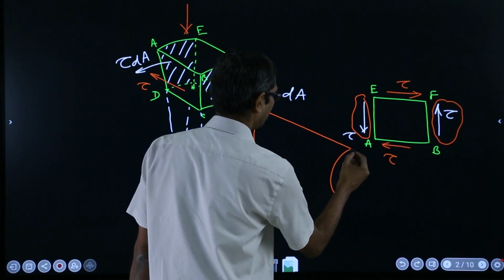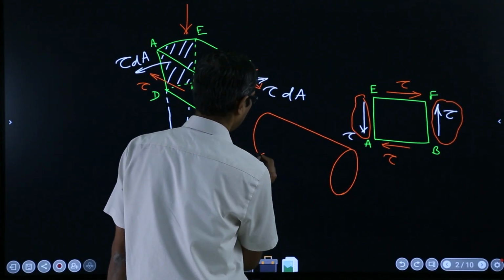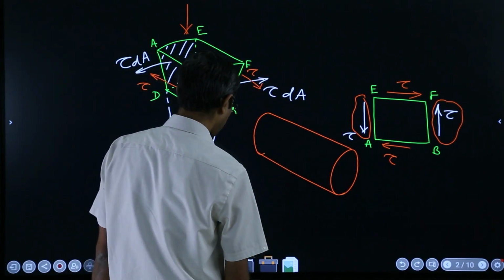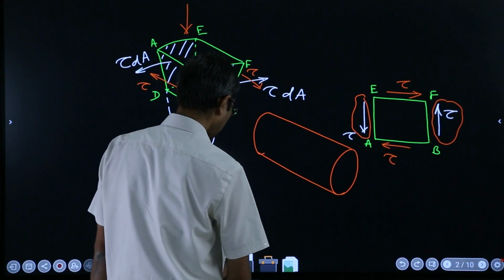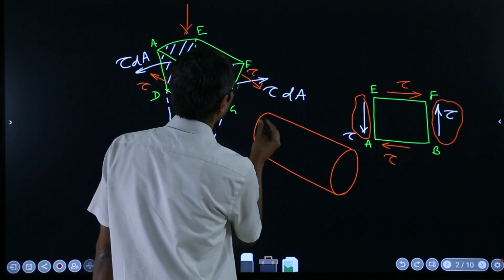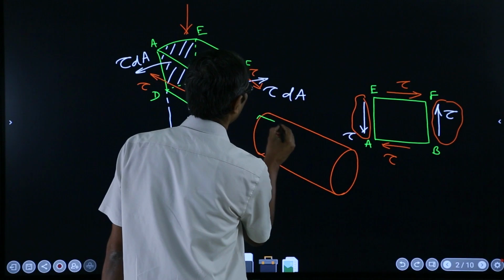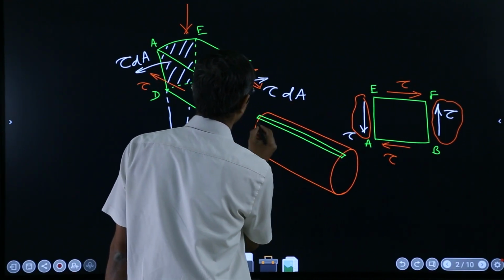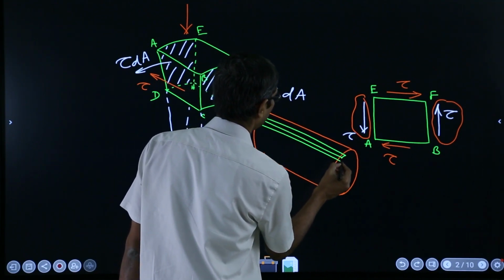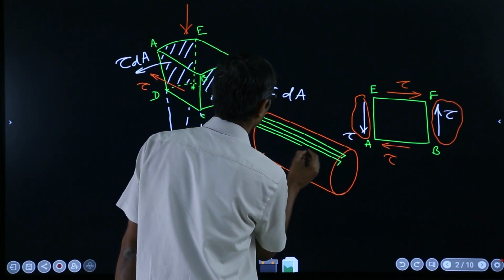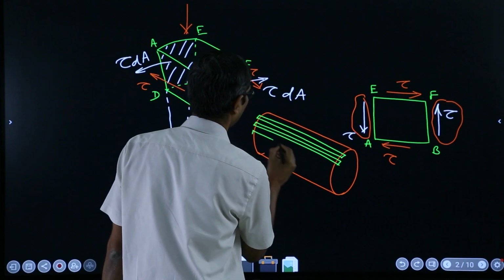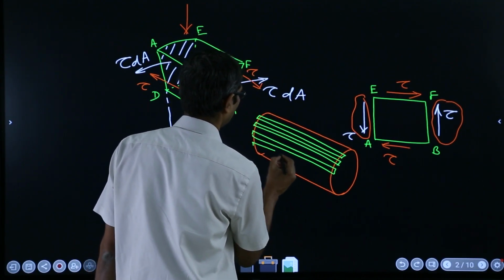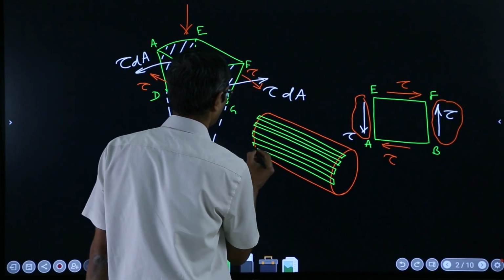You can create a cylinder, but not with a solid surface. Using some thin plates like this, you just join these plates to create a cylinder out of this, like that.